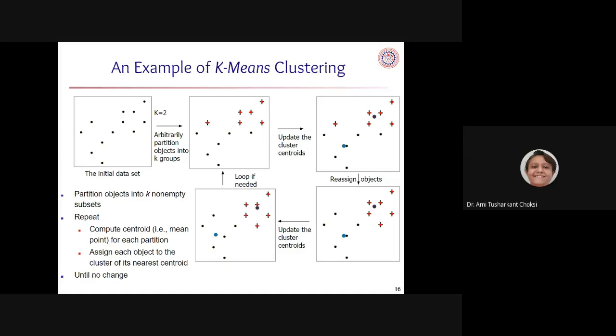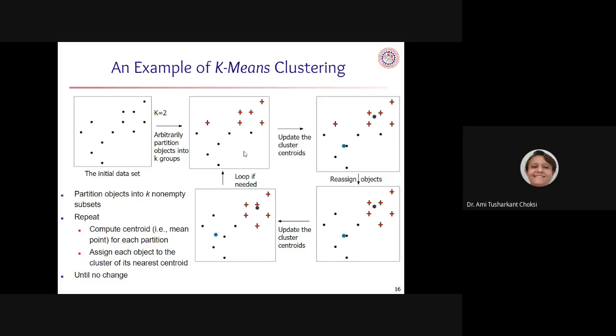We move a data point to the other cluster when the distance of that point is less for the other cluster. So we move the point to the other cluster. Then update the cluster centroids. Whatever centroids we calculated before, we update them with the new data points available. Then loop if needed.